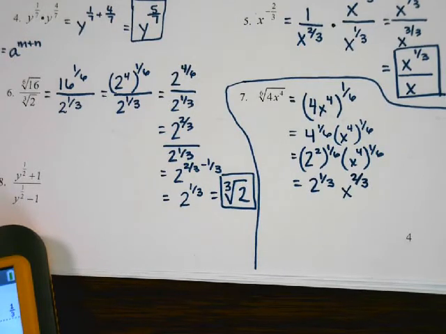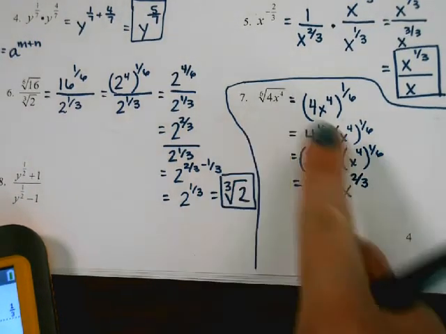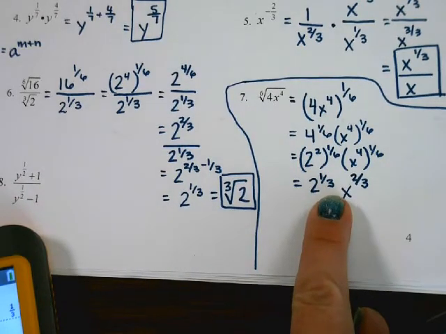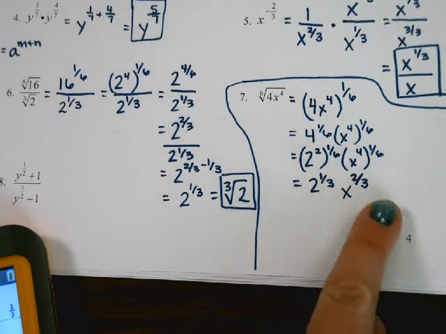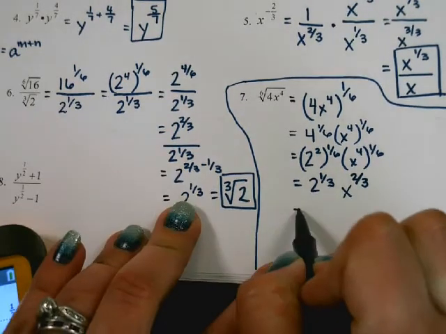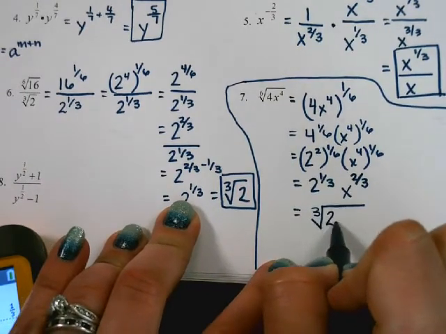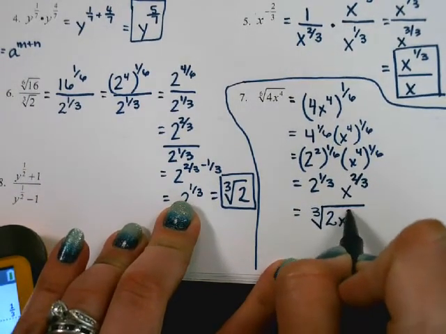Okay, now, it started out in radical form, it's got to go back to radical form. Look at how fancy this is, our denominators are the same. So our index is going to be 3, right? So to go back to radical form, I'm going to now have the cube root of 2x squared.